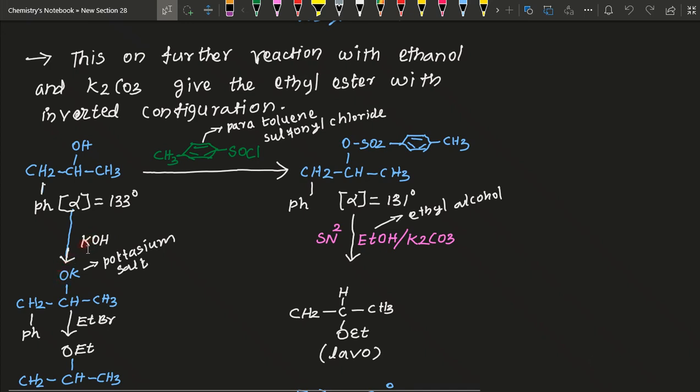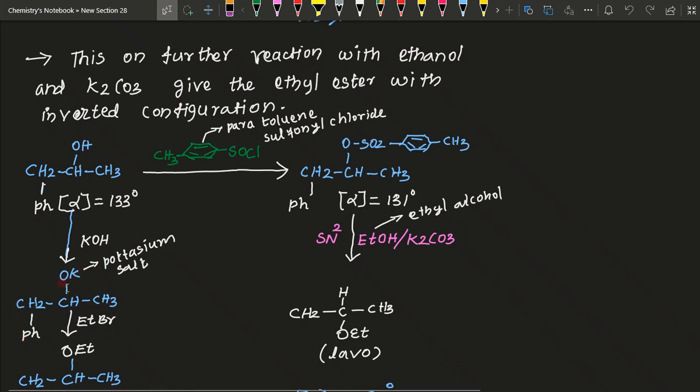OK, it means potassium salt. This O is going to replace the H. Again it gives the product when treated with ethyl bromide.